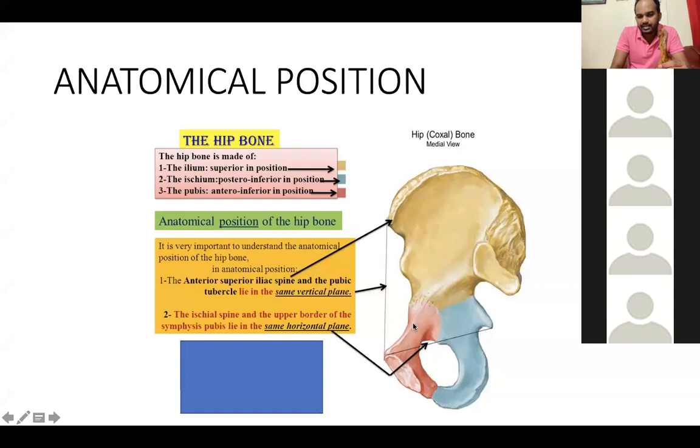And this red colored structure is called the pubis. Here you have an elevation called the pubic tubercle. This pubic tubercle and the anterior superior iliac spine should lie in the same vertical plane, and that will make the hip bone lie in anatomical position.